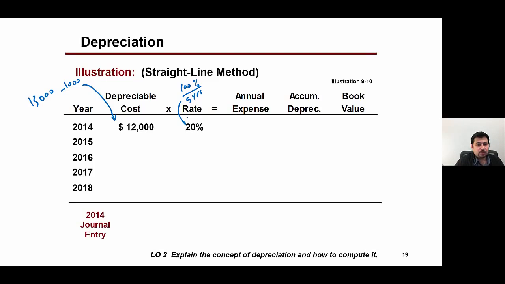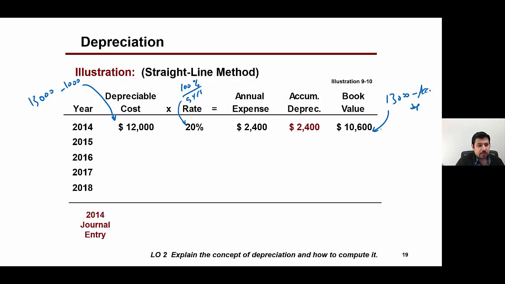That gives us the annual depreciation expense of 2,400. For the first year, accumulated depreciation is 2,400. And here we can calculate the book value, which is the original cost of 13,000 minus accumulated depreciation.